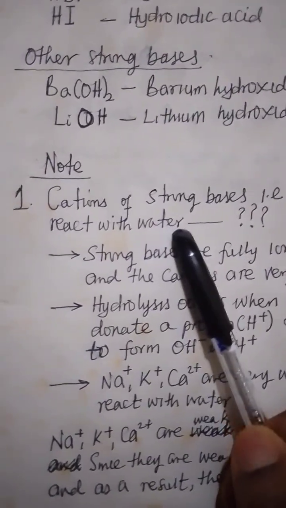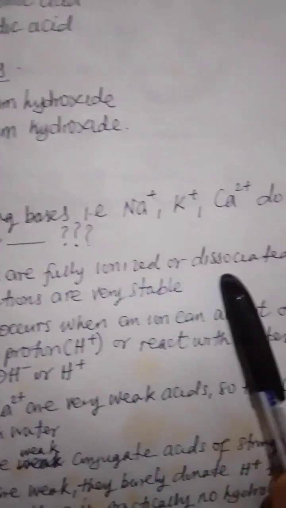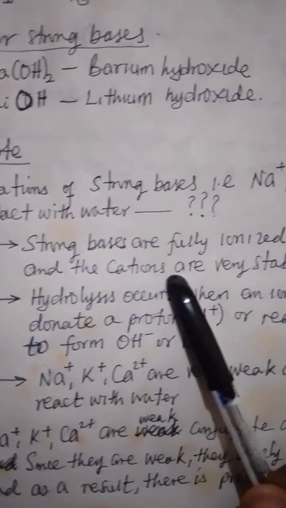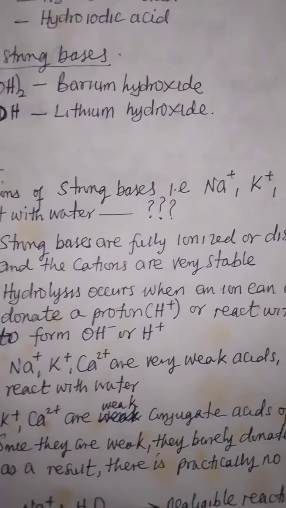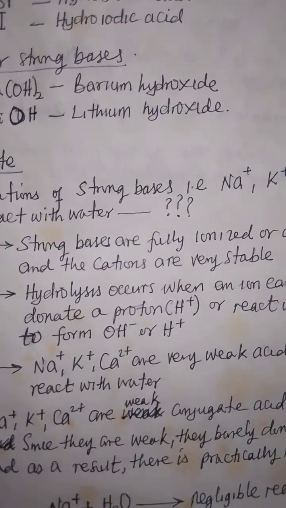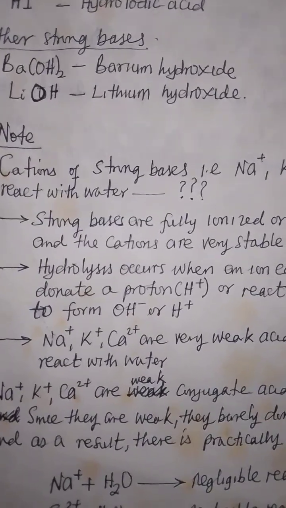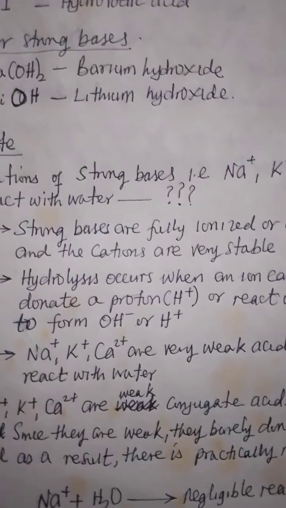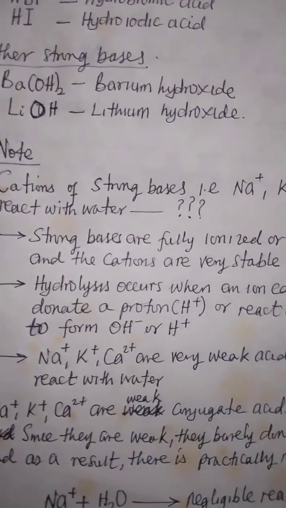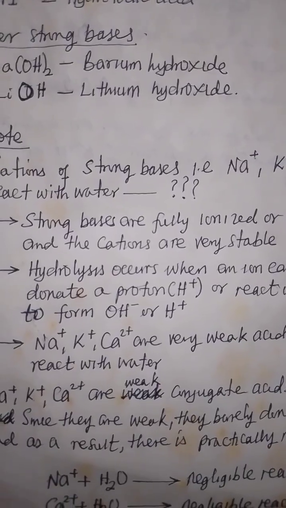Strong bases are fully ionized or dissociated, and the cations are very stable. That's one of the reasons. Remember we said a strong base is one that ionizes or dissociates completely in water. And because they ionize completely, the ions tend to be very stable.